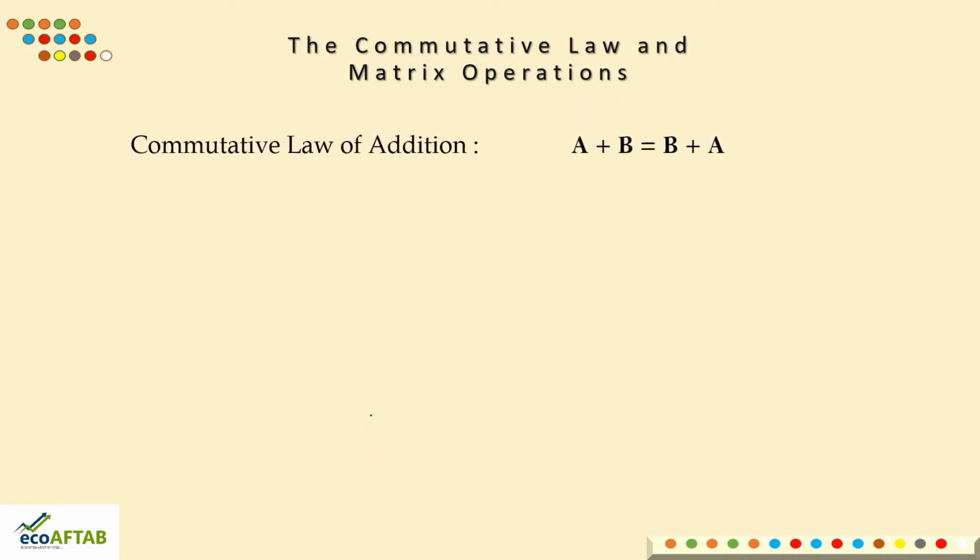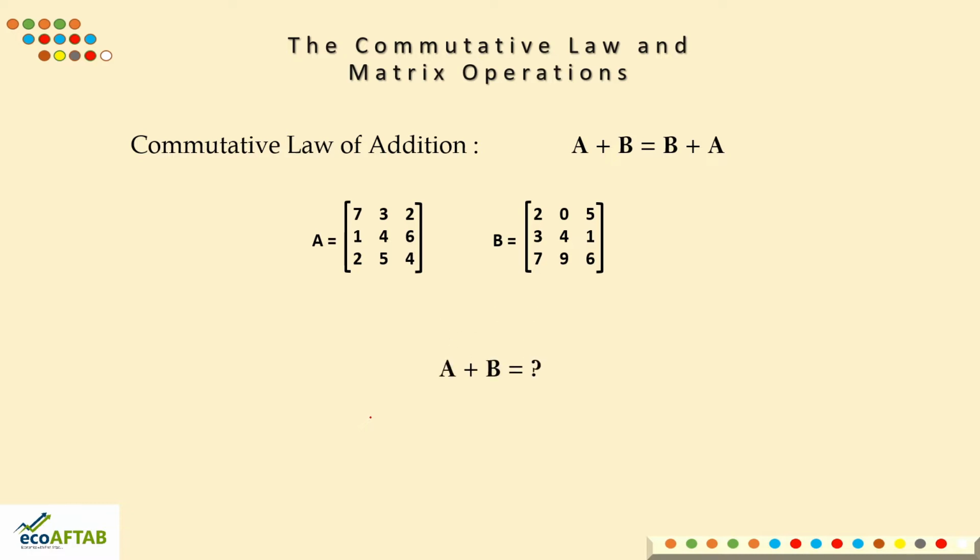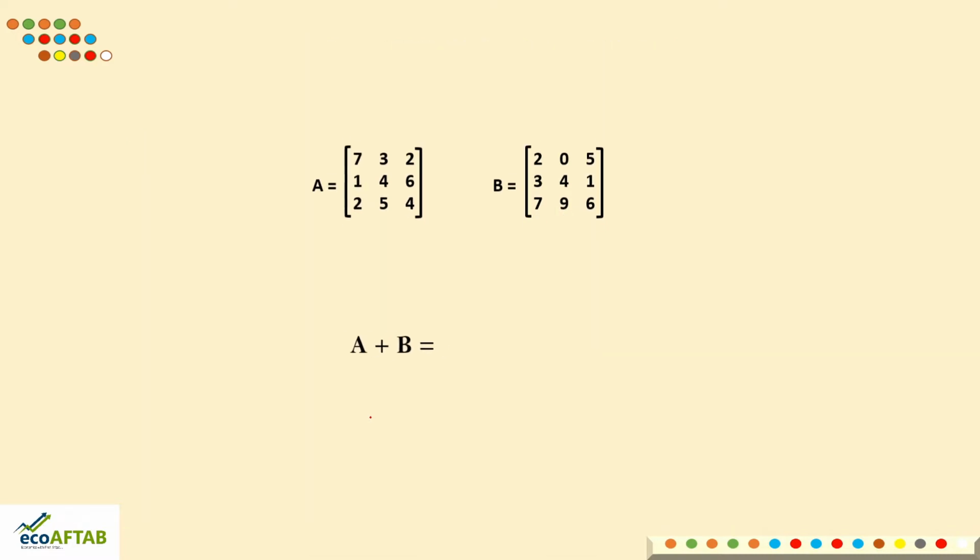When we speak about commutative law, we say A plus B is equal to B plus A, that is matrix A and matrix B. When we add them up by changing the positions, will we get the same result? Whether both will be the same or not.